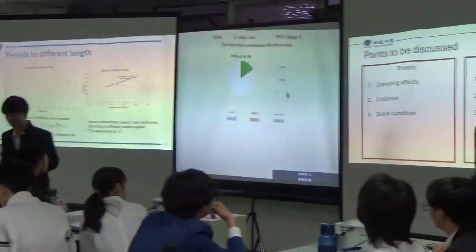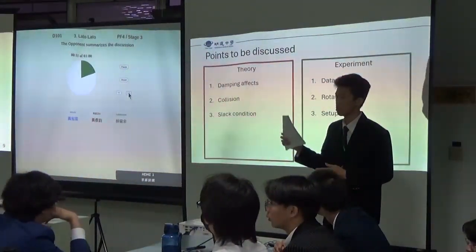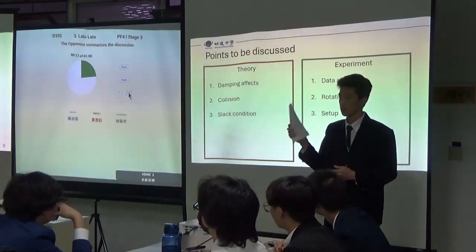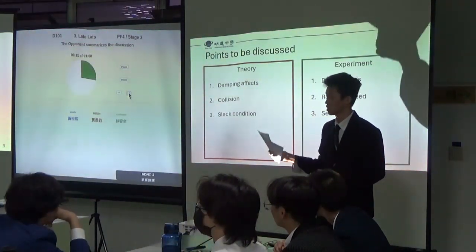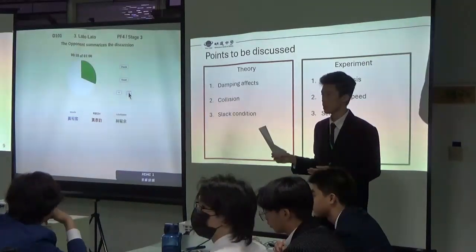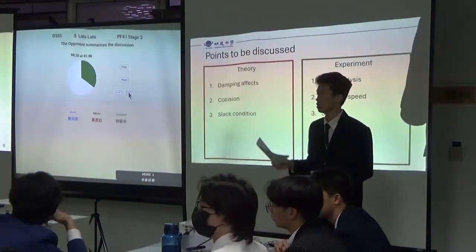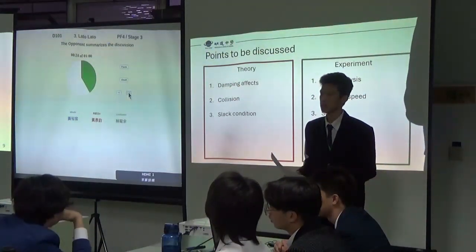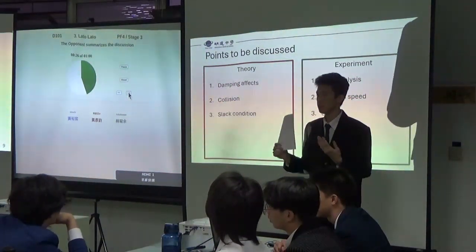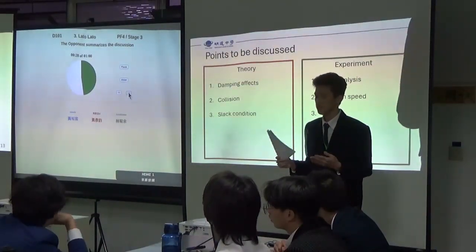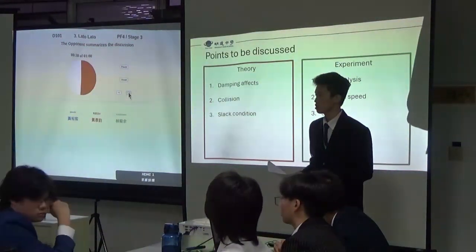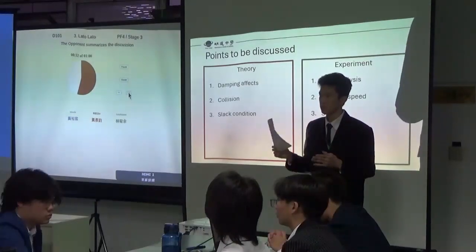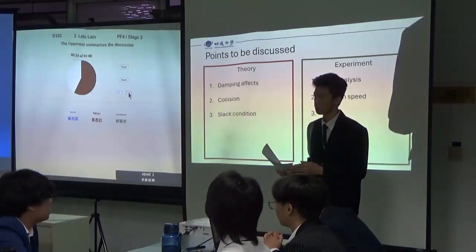So in our discussion, we firstly talked about the experiment setup that the reporter has used in the experiment, which is the motor. And secondly, we talked about the damping effect. The reporter thinks that the damping effect can be negligible in the first 8 seconds, but the opponent thinks that in the first 8 seconds, the initial energy is small, so the damping effect should relatively be larger.